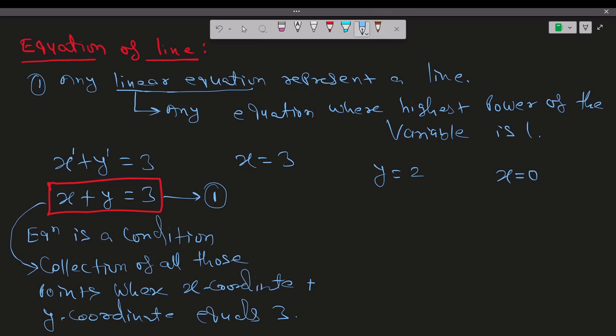So when I write x plus y equals 3, it means we are looking for the collection of all those points where x plus y equals 3.